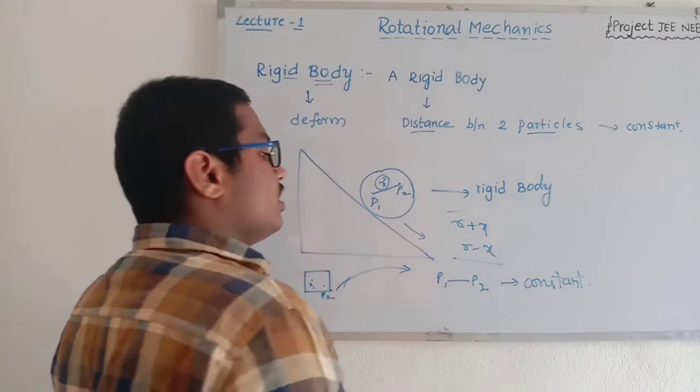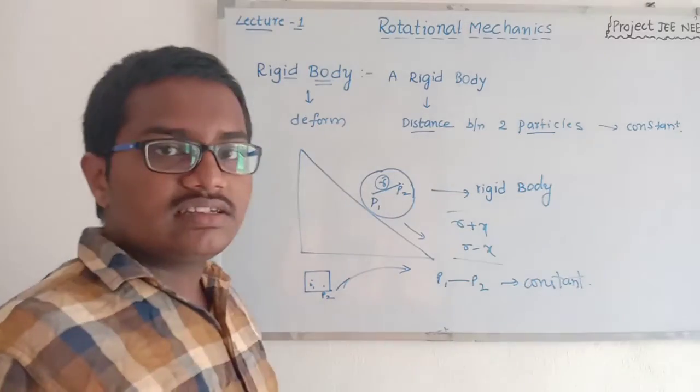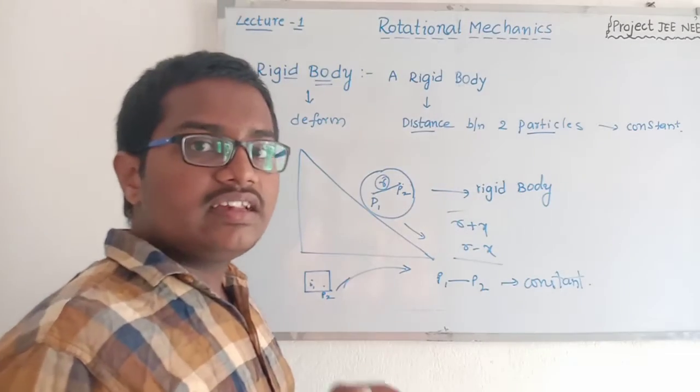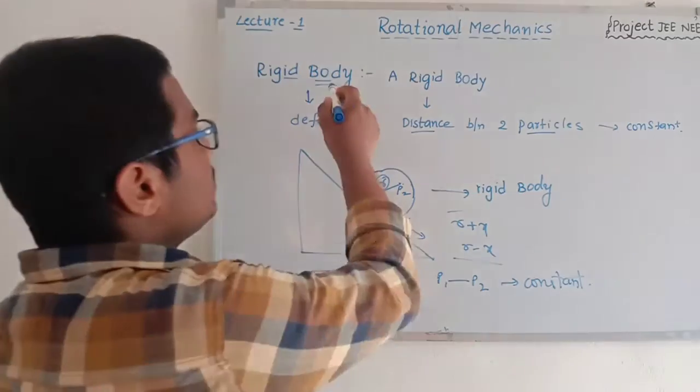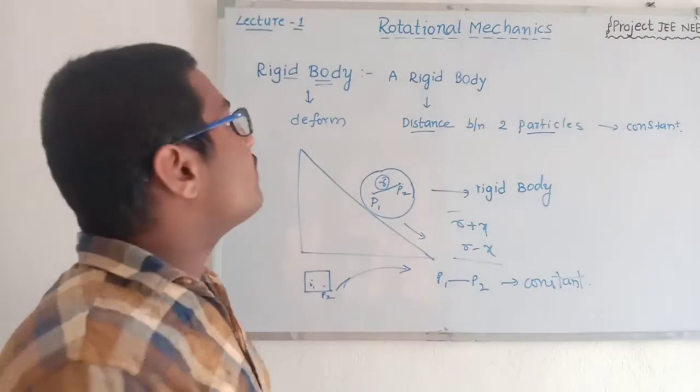In order to maintain rigidity, it has to keep the distance constant. If the distance between the two particles changes, then it cannot be called a rigid body. So this is the main definition and example of a rigid body.